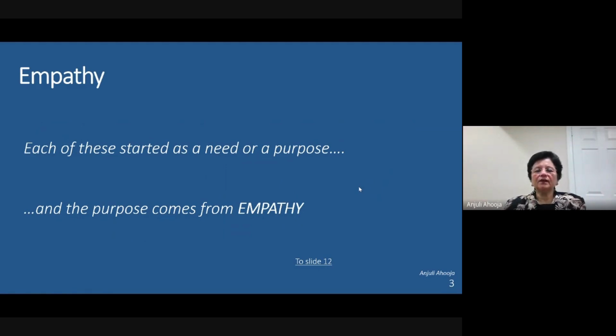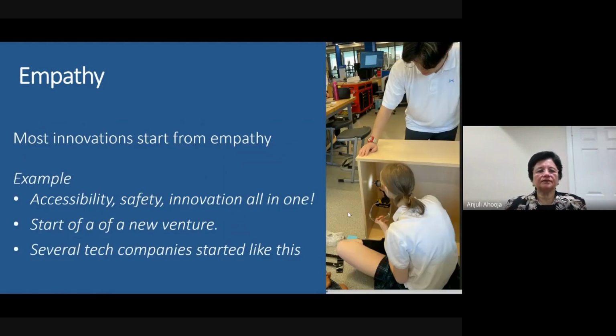As we all know, unless we feel something about something important that should change in this world, the purpose is not discovered or realized. And this is why the purpose has to come from that empathy. So empathy is the starting point of any invention or innovation.